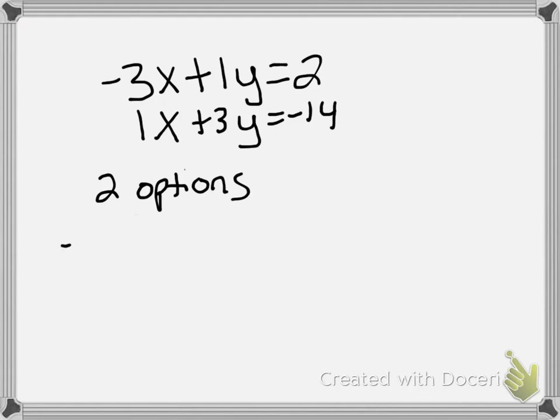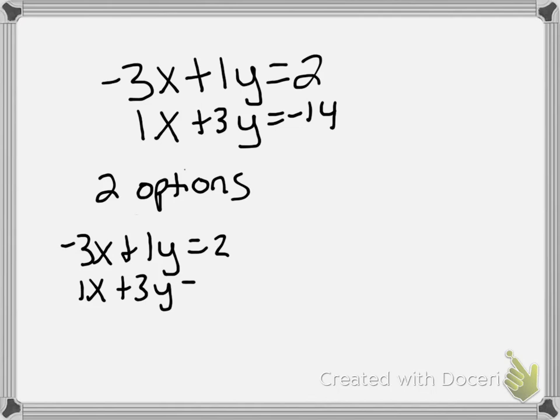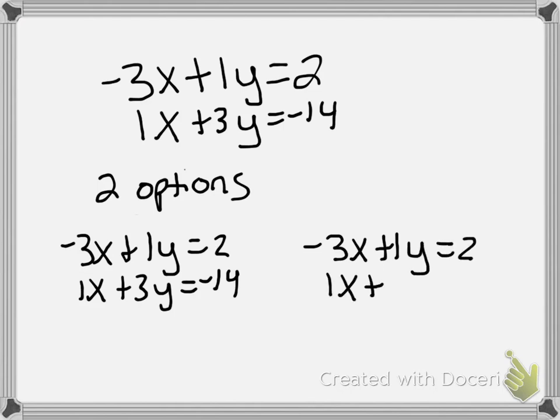Now, in this one, I'm going to write this again for both ways. Plus 3y equals negative 14. And then I'm going to write it again so that we can see this other option. And again, as long as you multiply by something to get your x's or your y's to cancel, it's going to work.